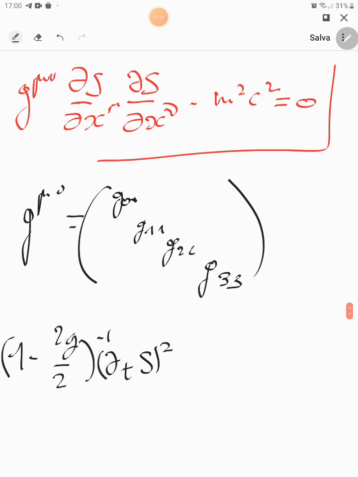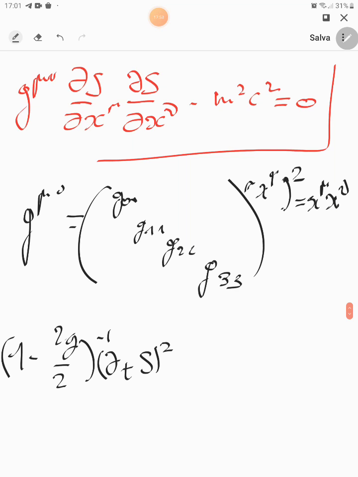Because we have the Einstein convention, for a four-vector x mu squared we can write x mu x nu.